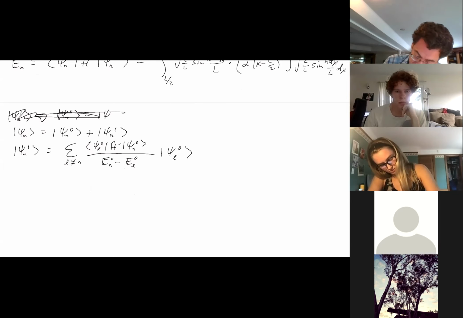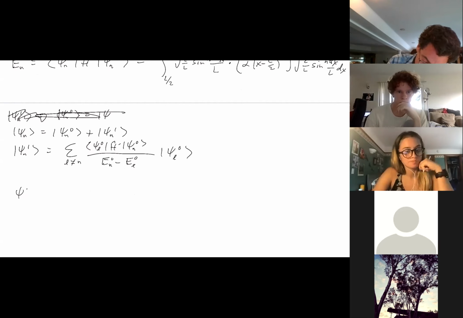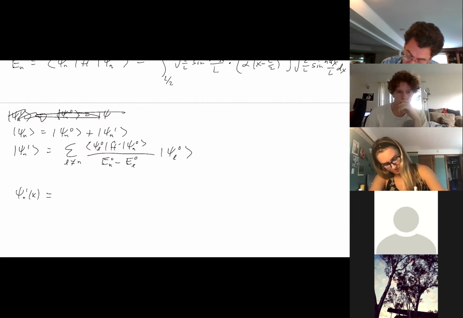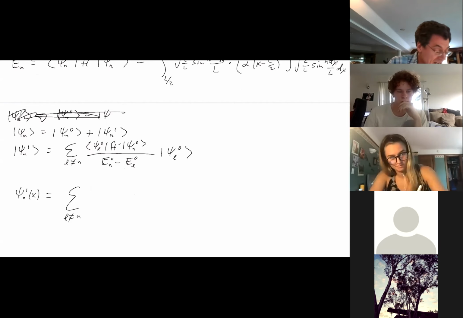And so I see that when I do all this, psi 1 sub n of x is going to be equal to, now I've got to do this giant thing, a sum over all L, and now we just got to write it all out.